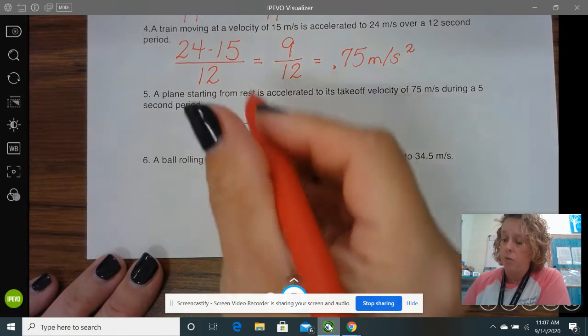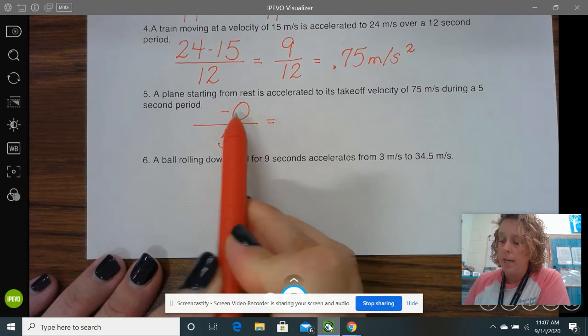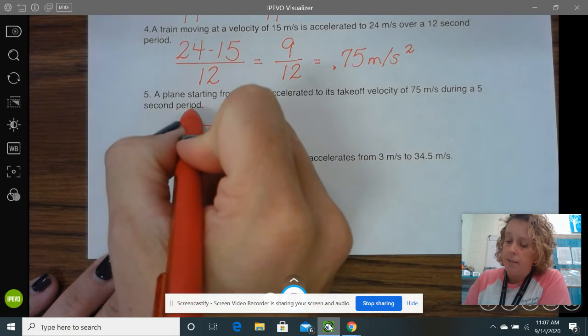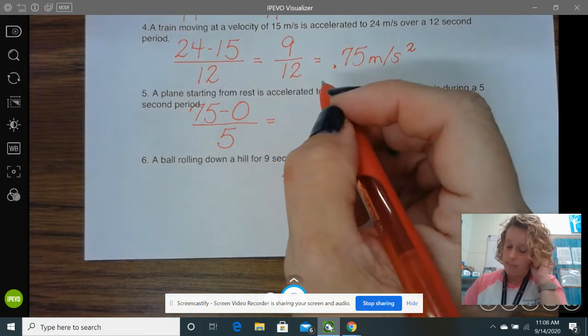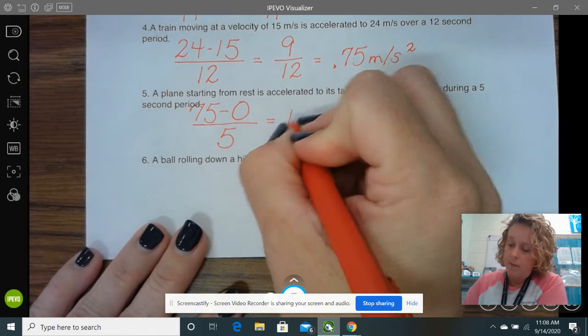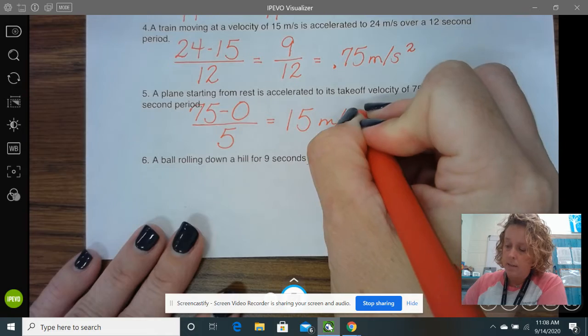That's the initial, so that's going to go here. Remember, initial goes here, final goes here, and we know that our final is 75 meters per second. So 75 minus 0, of course, is 75, divided by 5 would give you 15 meters per second squared.